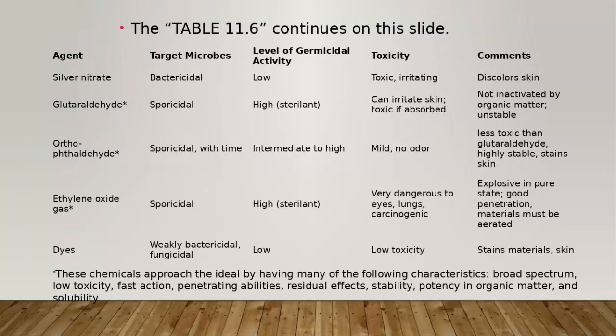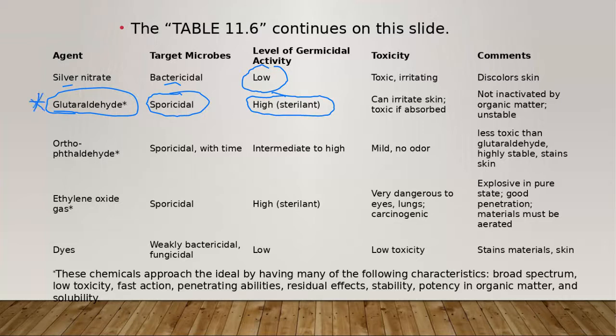Silver nitrate is mostly used for bacteria. They are mostly low level. Glutaraldehyde is one of the sterilants, a liquid used for sterilization. Therefore, this is sporicidal. It can be used for removing or destroying endospores. This is usually used for sterilization.